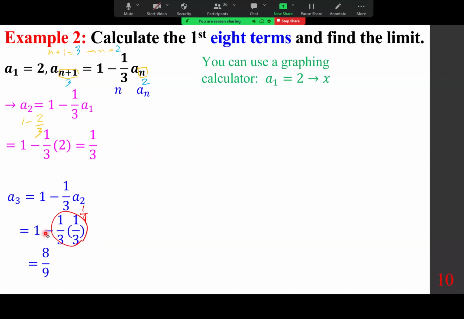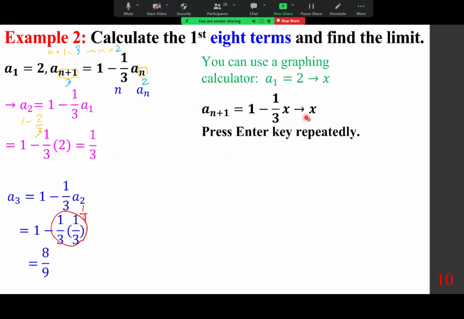Here's the methodology for a calculator. A sub n, whatever value you have, you store in x. Then the formula for a sub n plus 1, because the limit exists, the limit for this one and a sub n ultimately becomes the same. You can replace it with some value x, 1/3, and so forth. We write 1 minus 1/3 x, store it in x, and press the enter key repeatedly.